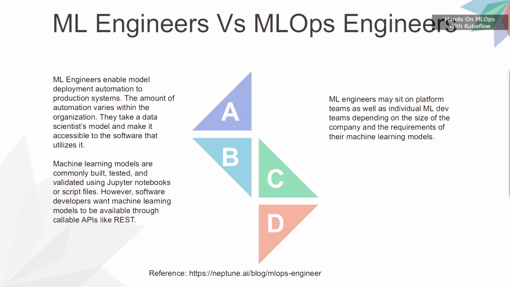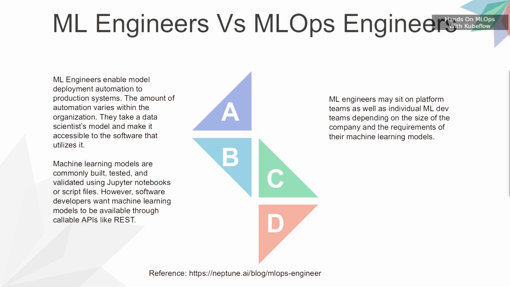Now we have machine learning engineers versus MLOps engineers. Machine learning engineers enable model deployment automation to production systems. The amount of automation can vary within the organization. They take a data scientist's model and make it accessible to the software that utilizes it. Machine learning models are commonly built, tested, and validated using Jupyter Notebook or script files.